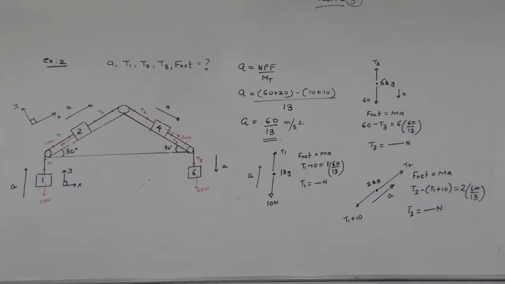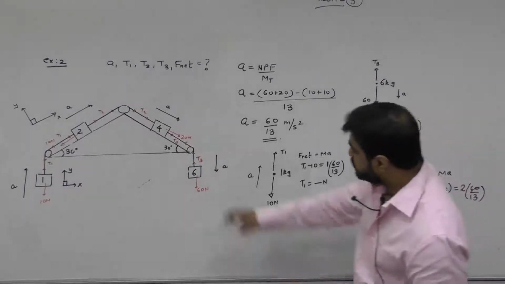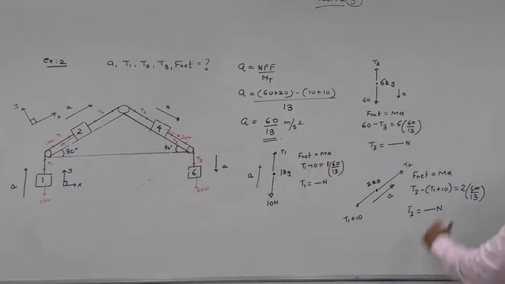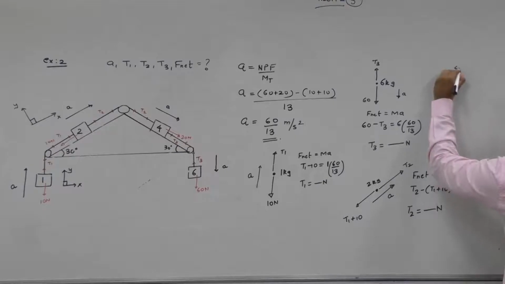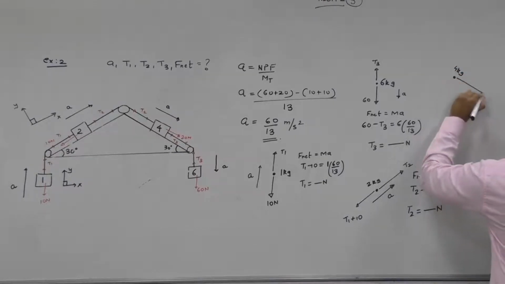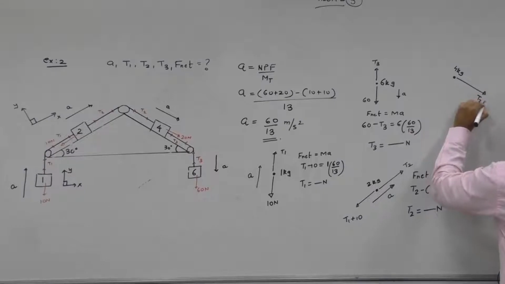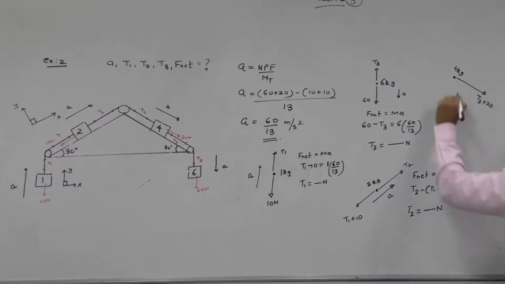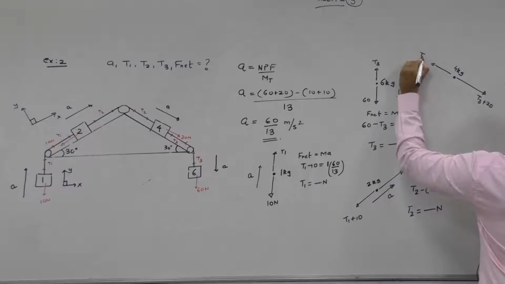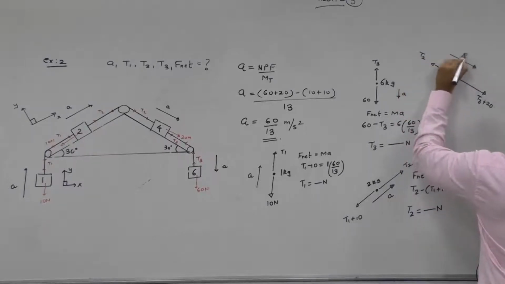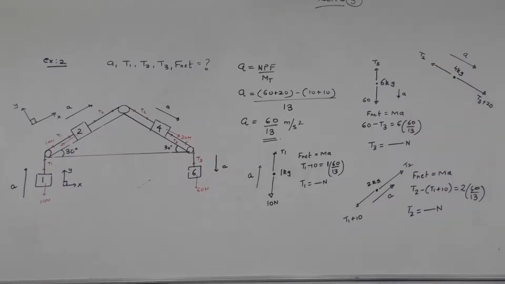Got it? If you don't want this free body diagram, you can draw the free body diagram of 4 also. We'll see how. It's 4. Acting down is T3 plus 20. Acting up is T2. Where is the acceleration of the system? Down. Can I say net force is ma? Come on, net force is ma. T3 plus 20 minus T2 is equal to ma. What do I get?